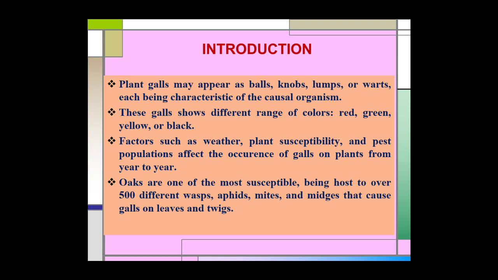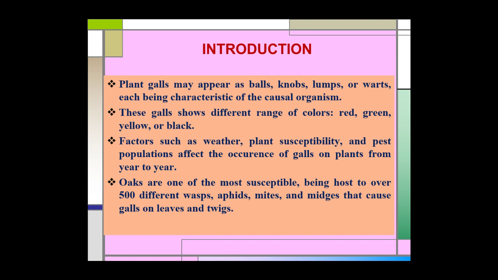These plant galls may appear as balls, knobs, lumps, or warts, each being characteristic of the causal organism. These galls show a different range of colors. They may be red, green, yellow, or black.